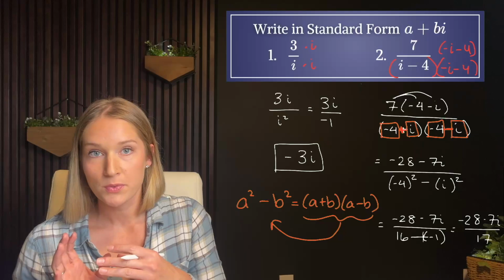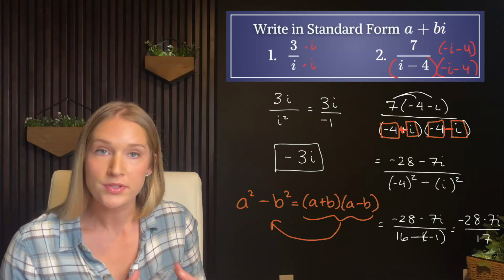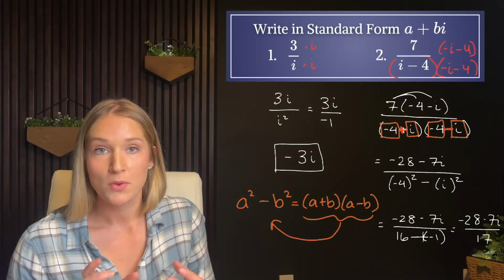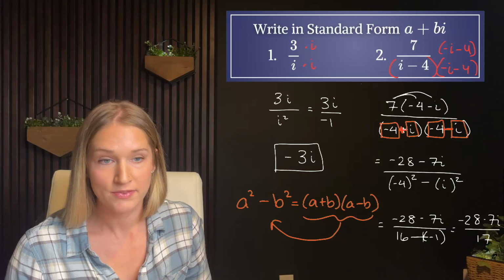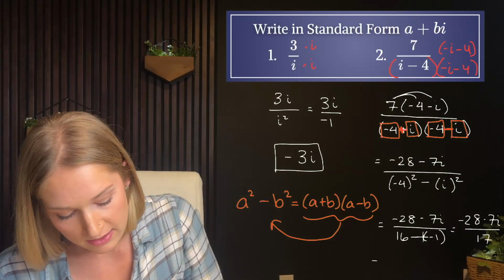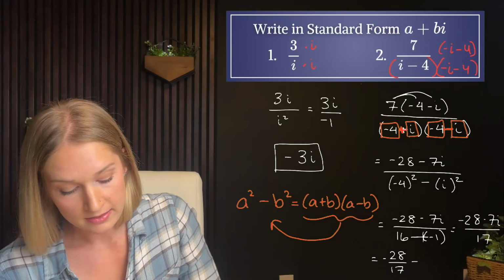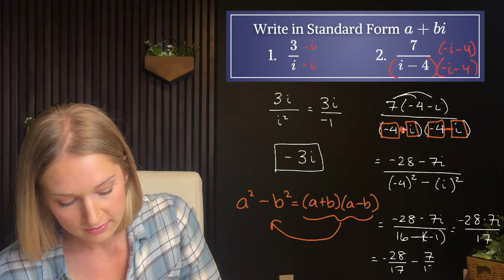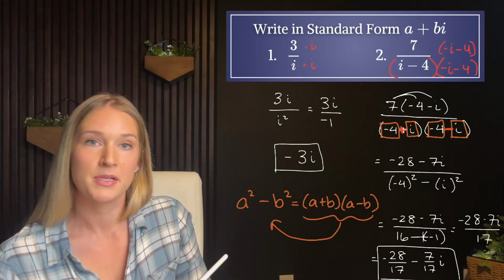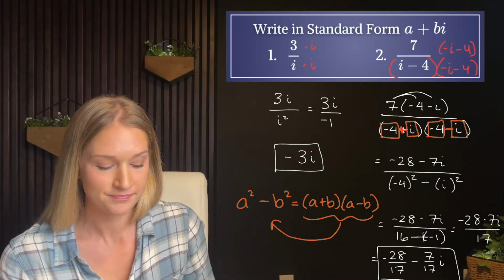I have -28 and -7 both divided by 17, so I'm just going to write them as separately divided by 17. So my final answer will be -28 over 17 minus 7 over 17 i. And this is in the a plus bi form that we were looking for.